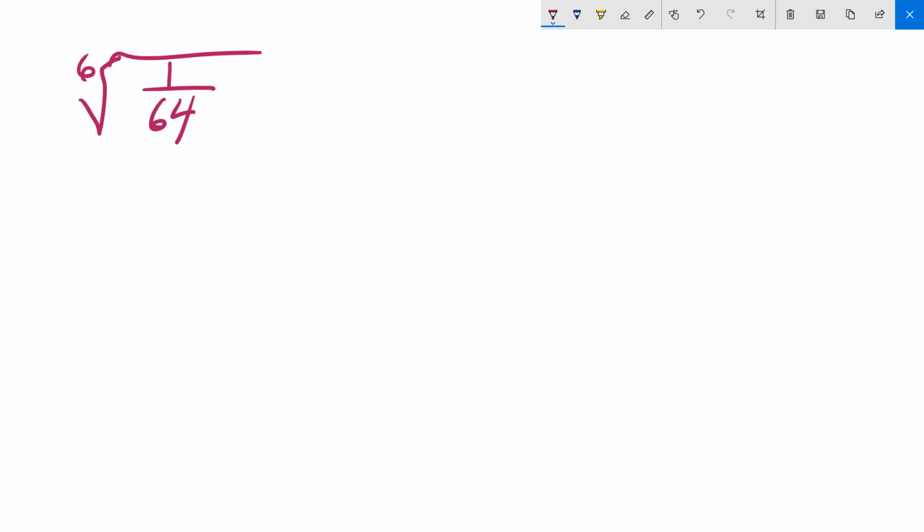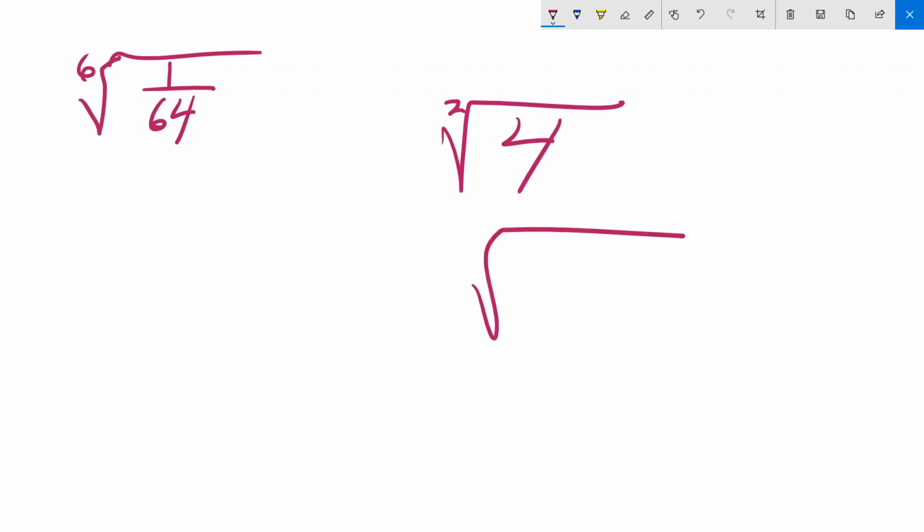The 6th root means what number multiplied by itself 6 times. When you see the radical sign alone, that actually means square root. The 2 is implied. If I see a 3, that means cube root, which is what number multiplied by itself 3 times equals 8. That would be 2.